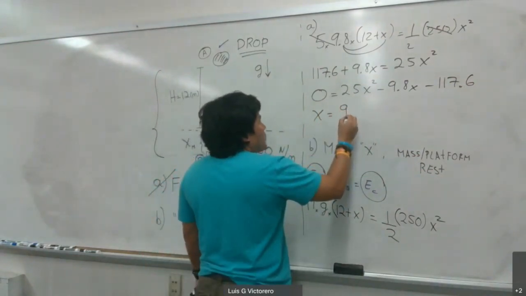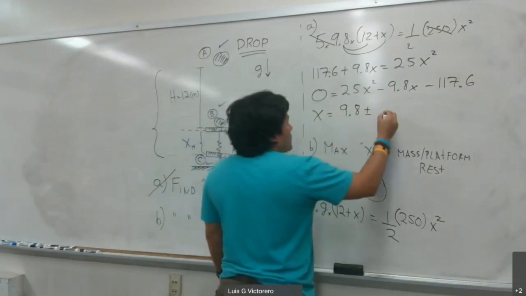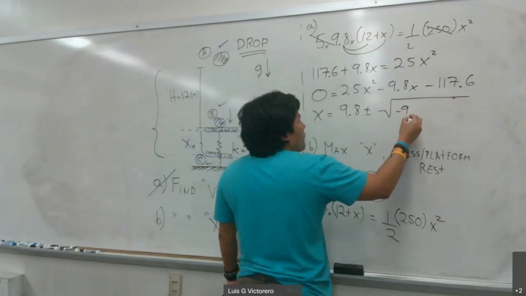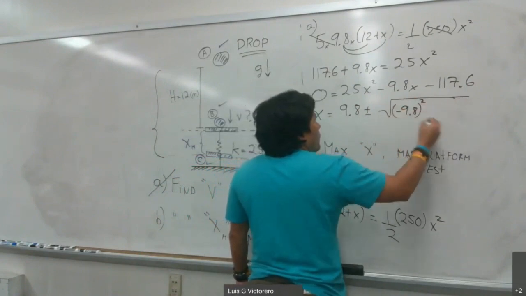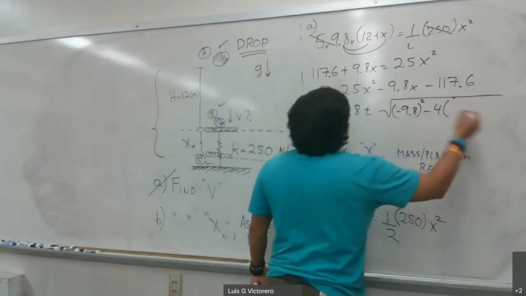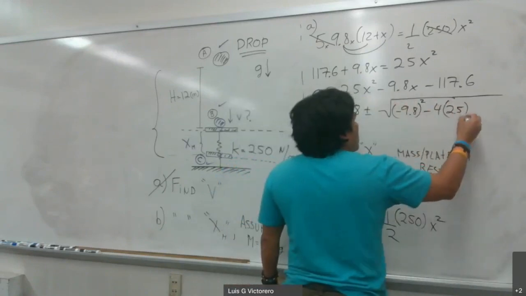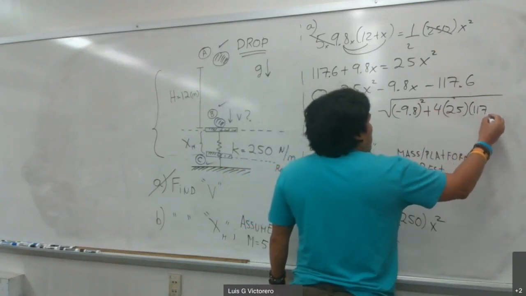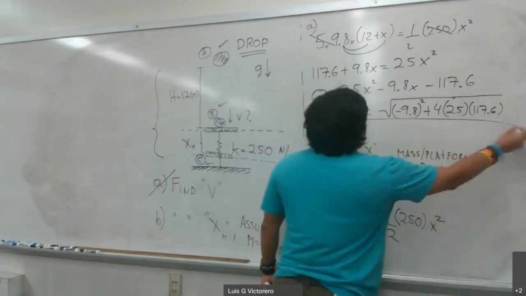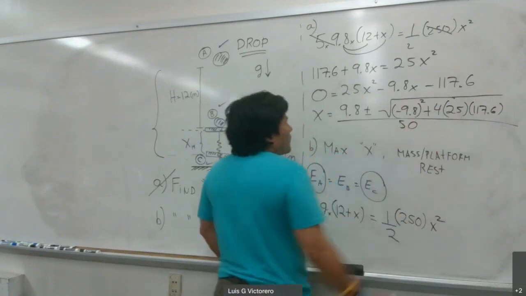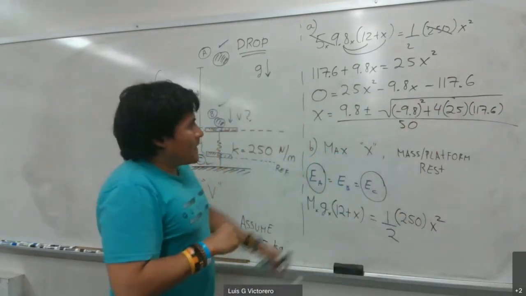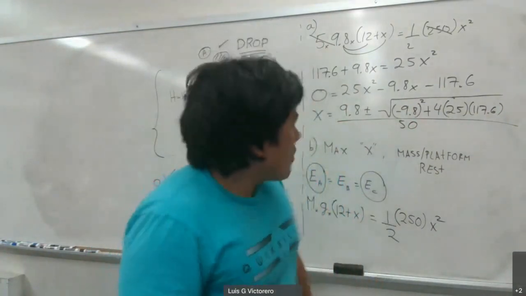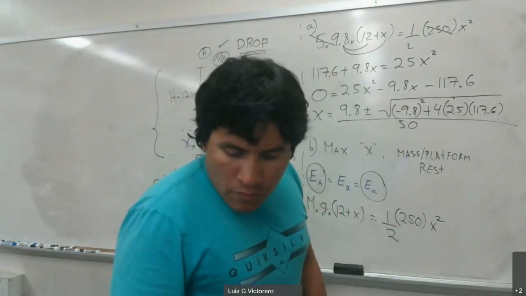X will be minus B plus or minus the square root of B squared minus 4AC. C is negative. Over 2A. Let's take a look at the square root, and that will indicate if we use a positive or negative solution. Most likely the positive.